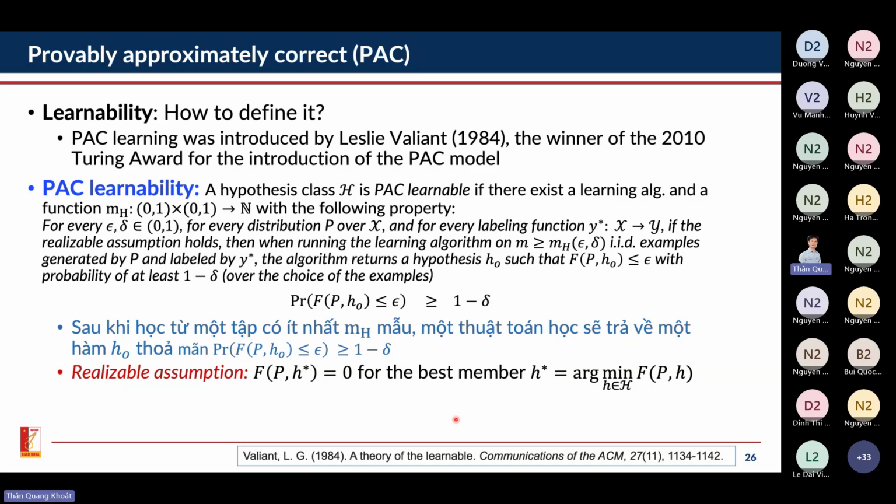In this case, this model family should be very complex, very strong, and if it satisfies this condition, then it is learnable. Or in other words, it can approximate the unknown function exactly, and many of its members can approximate very well. So in that case, this family can be considered to be PAC learnable.